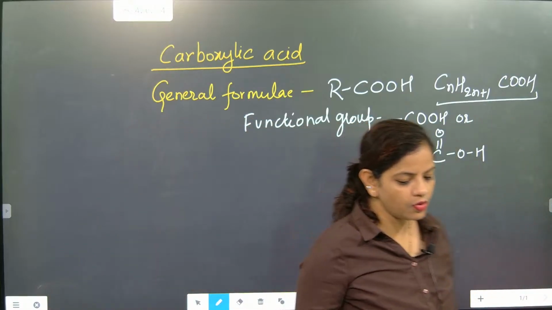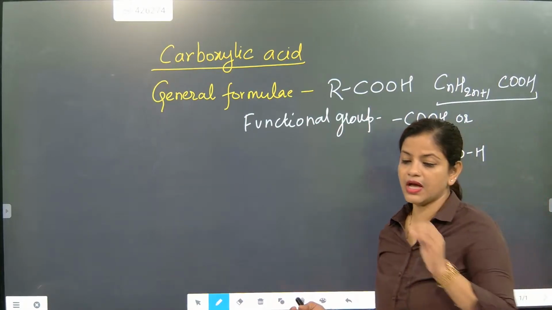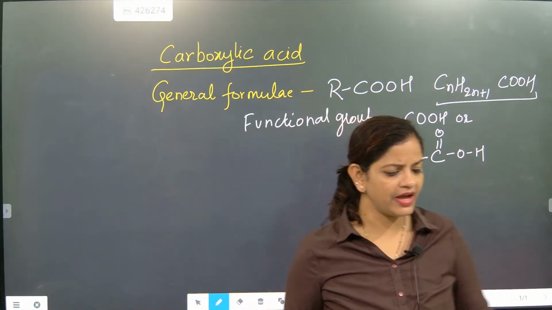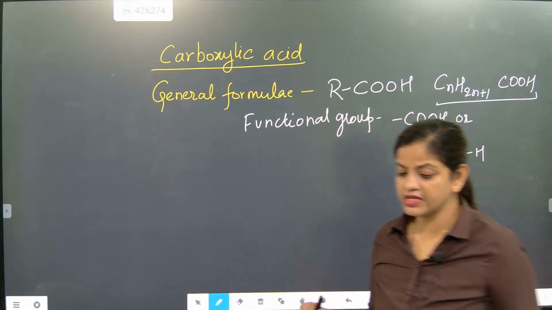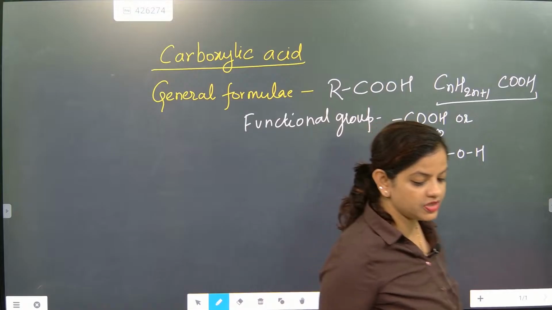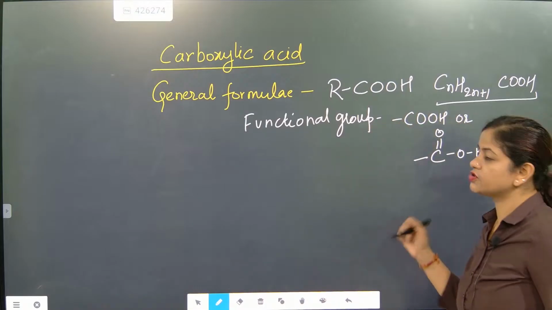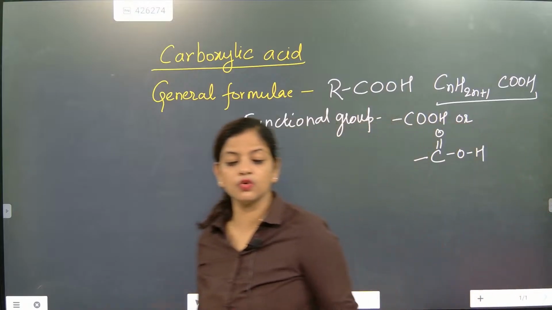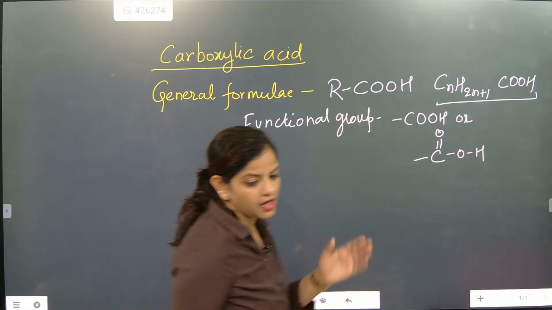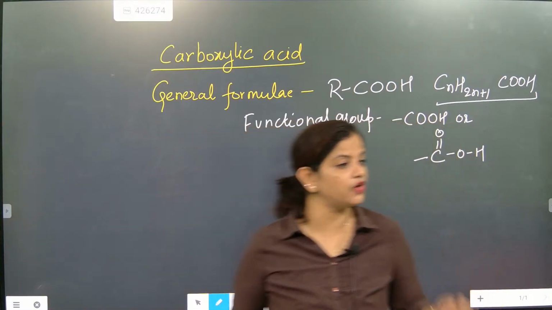Yes, COOH. Now, how do we add the secondary suffix? In the beginning I discussed the secondary suffix. The primary suffix is ane, ene, yne. Secondary suffix is the functional group.